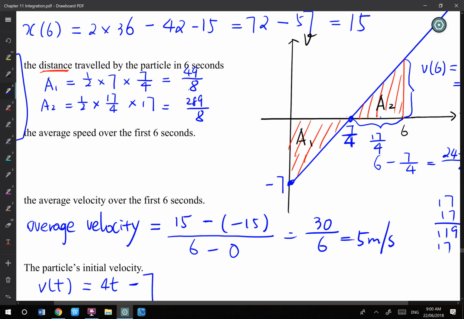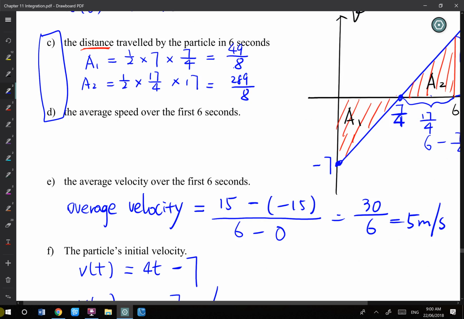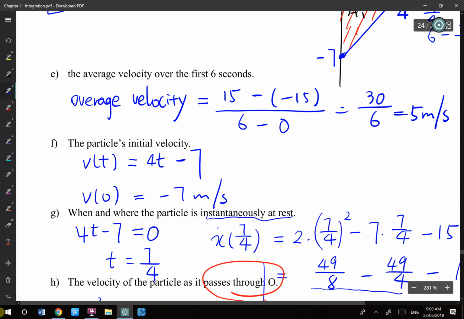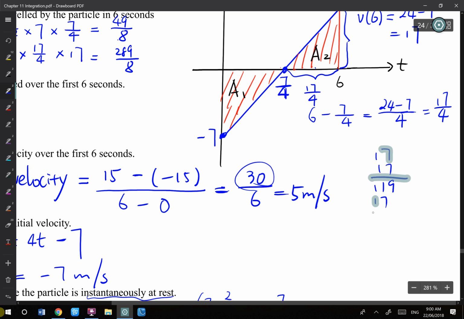So we find the two areas. One area is 49 over 8 and the other area is 289 over 8. We can check whether we get the correct thing or not. For the first 6 seconds, I worked out that my displacement should be 30. We use x2 minus x1. Now we can use A2 minus A1 to check.